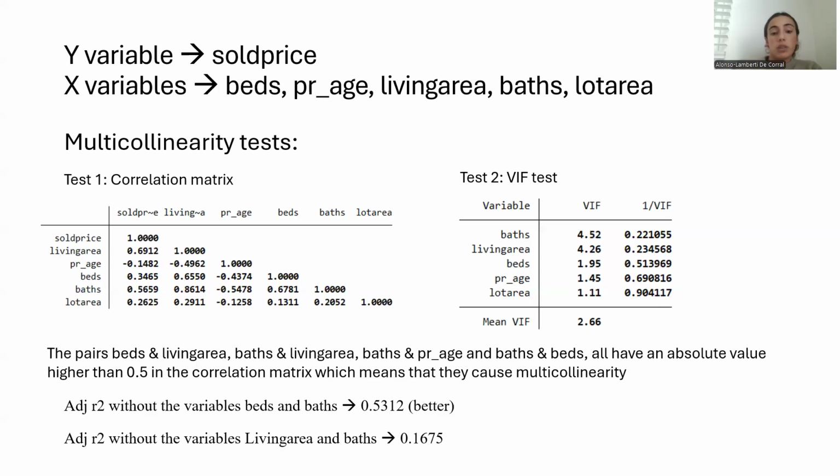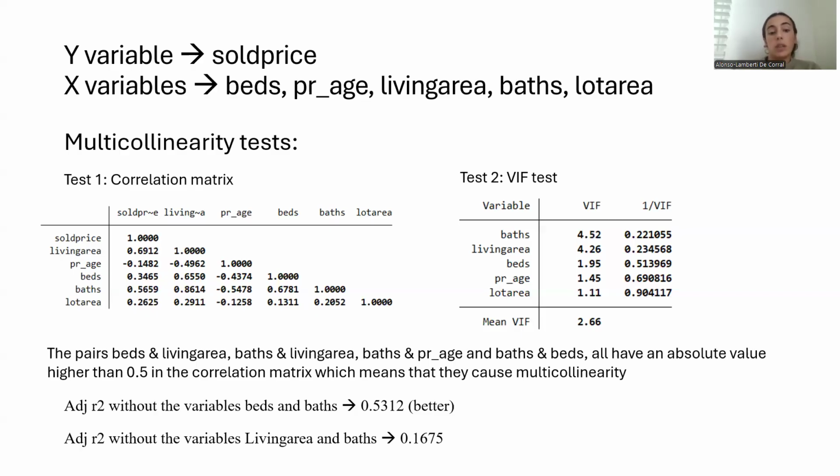So what we did was run the regression. Baths we will not include. We ran a regression without beds and without baths, and then another regression without living area and without baths. We saw that the adjusted R squared without the variables beds and baths was 0.5312, which was better than the adjusted R squared without living area and baths, which was 0.1675.